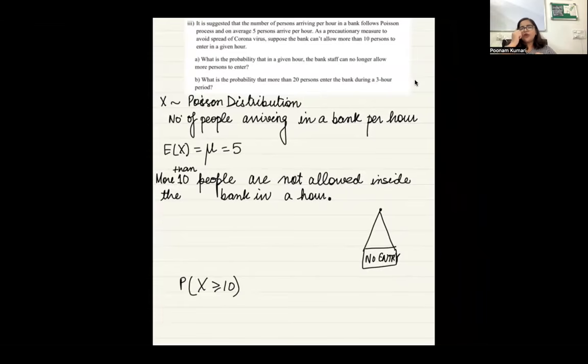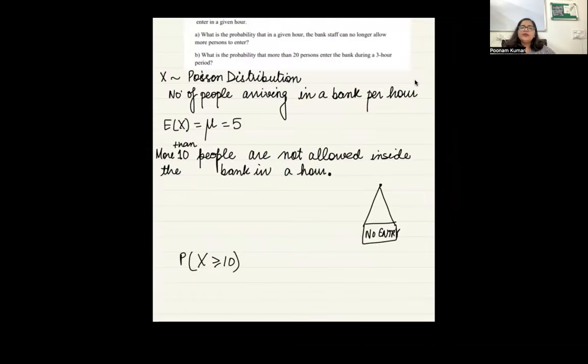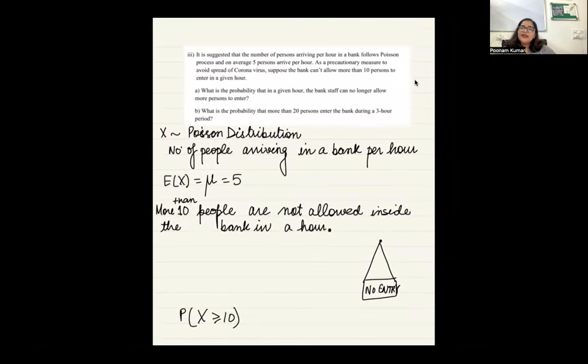Should we include 10 or not? Ma'am, it shouldn't be included. Okay, why? Because till 10 it's okay, but the moment the 11th person comes, then they will not allow. But the moment the 10th person comes, even then the bank cannot allow more, right?